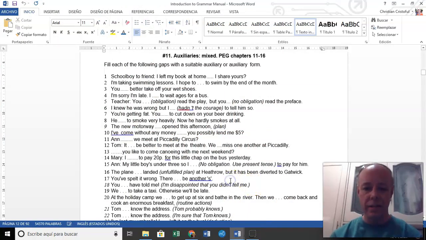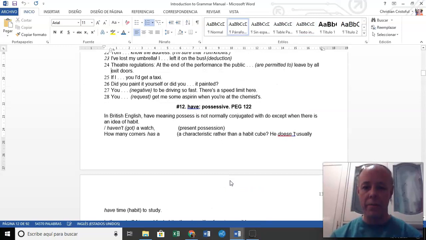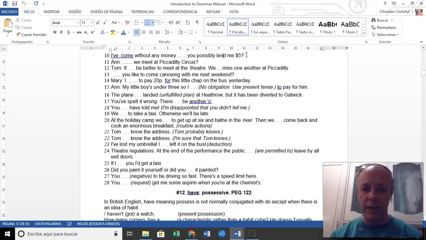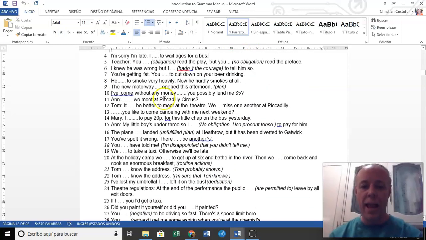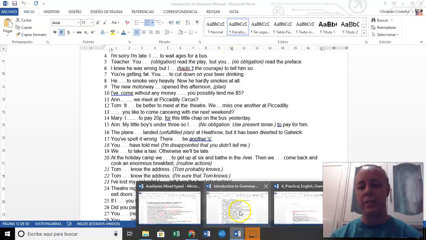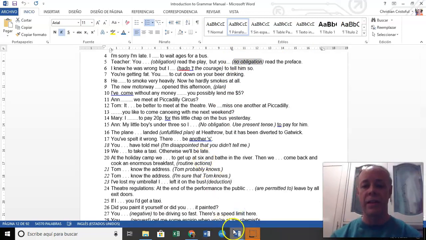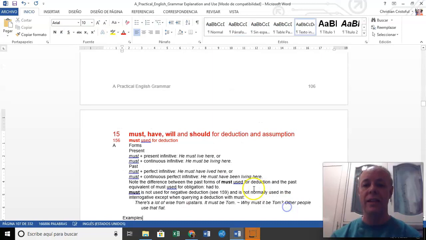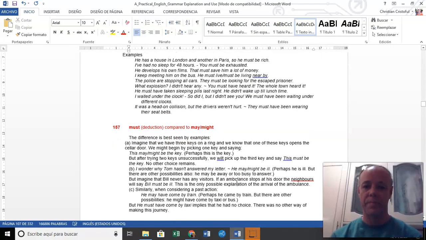The exercises cover many of them. For example, it says request, it says deduction here in number 23, unfulfilled plan in number 16, not having the courage in number 6, no obligation number 5. So you need to go over your textbook and read the explanations and the examples from your textbook.